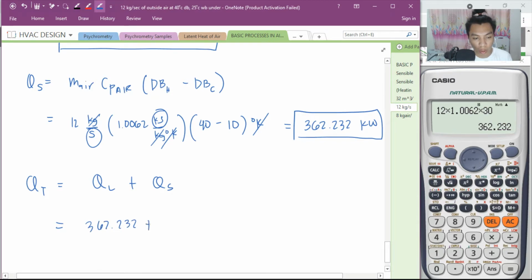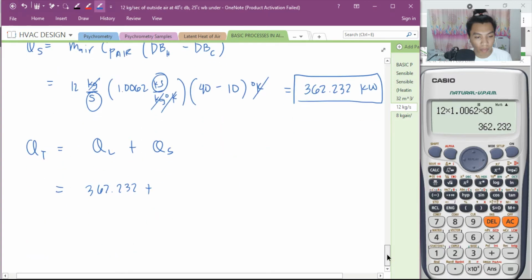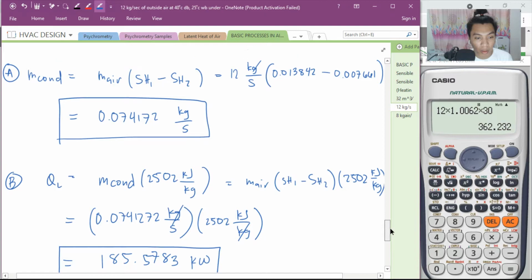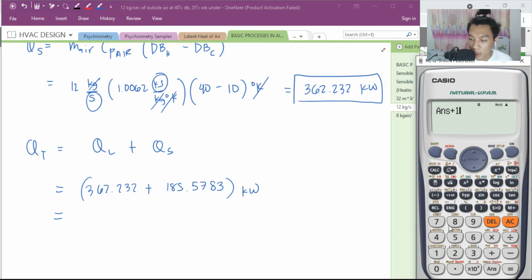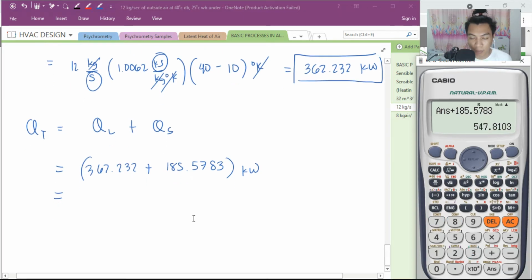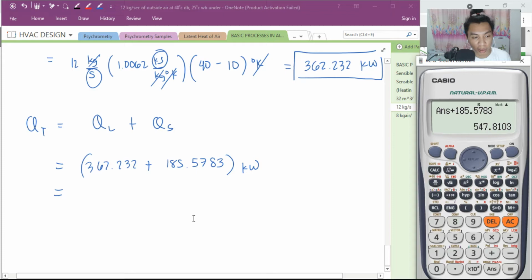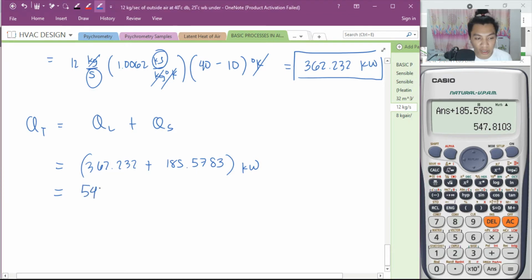362.232 plus 185.5783 kilowatts. The answer for QT is 547, ang laki nga ng ano mo, ng cooling load mo. 547.8103 kilowatts.